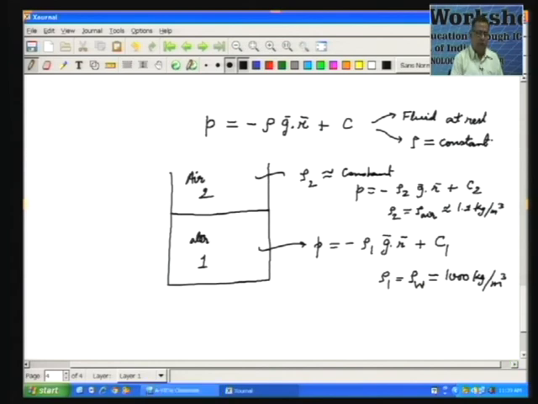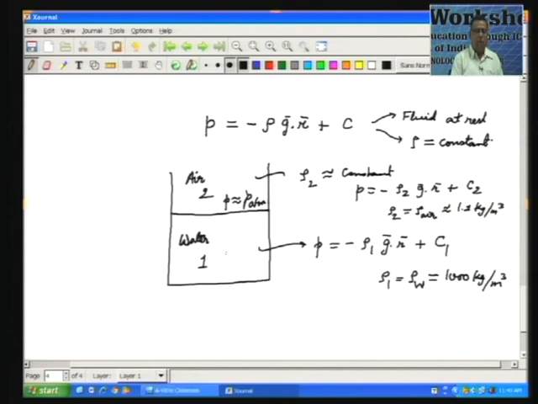So, you see that when you have two fluids, in this case water and air, the ratio of the densities is of the order of 1000. So, under those conditions, the change of pressure with height in the air can be neglected, and you can say that here P is approximately a constant, which is your atmospheric pressure.